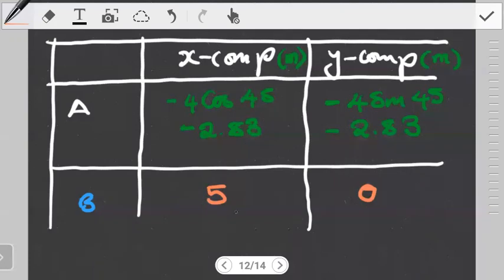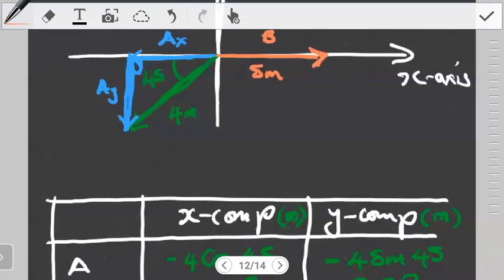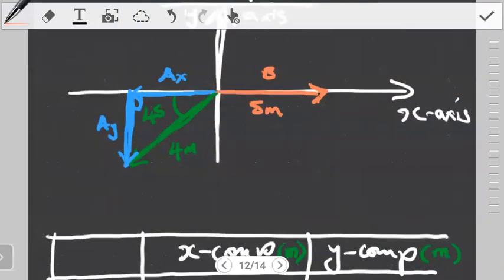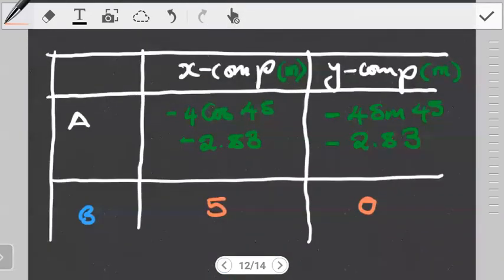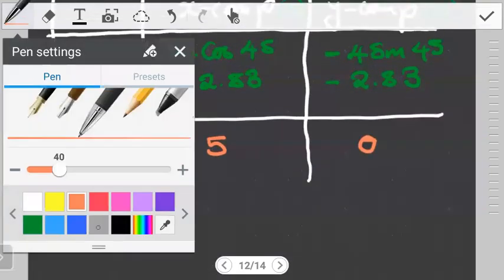If you wanted to use angles here, you would have had to observe that the angle between the vector itself and the x-axis is 0. So you'd have had to use the vector itself, 5 cos 0, which would have given you 5 as the x component, and 5 sine 0, which would have given you 0 as the y component. Okay, so that was quick for the vector B.